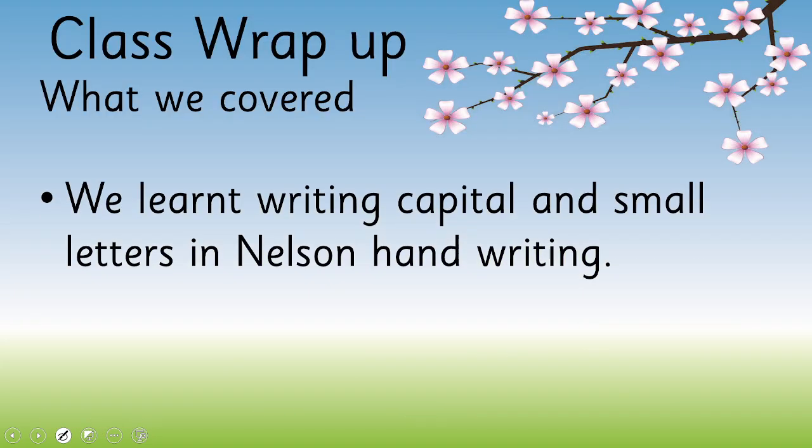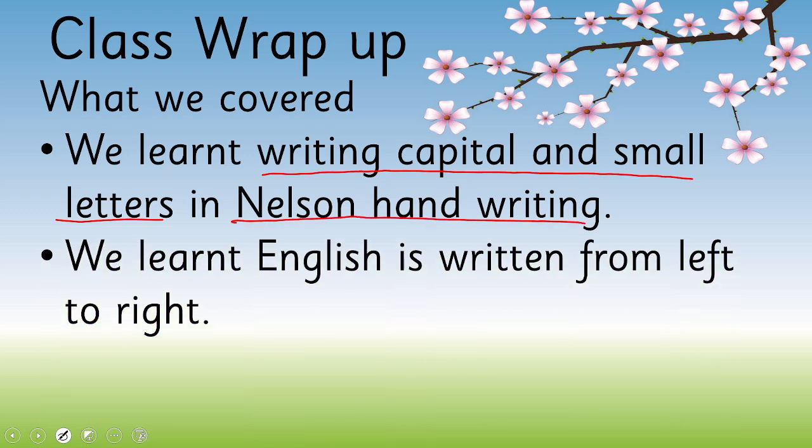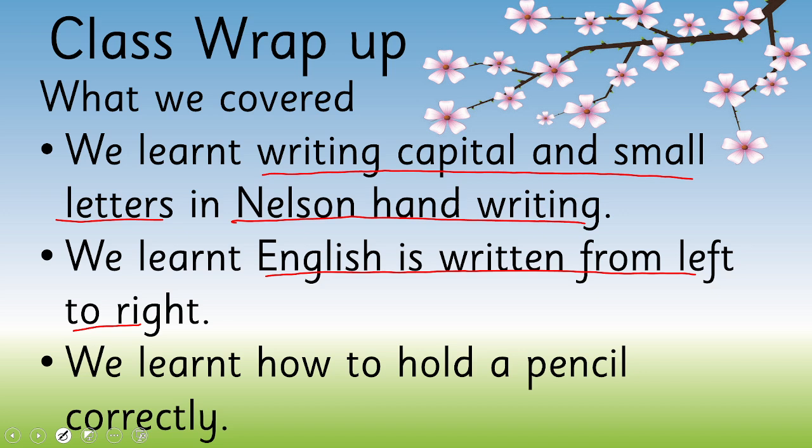So today we have covered how to write capital and small letters in Nelson handwriting pattern. And we learned that English is written from left to right. And we also practiced holding a pencil correctly.